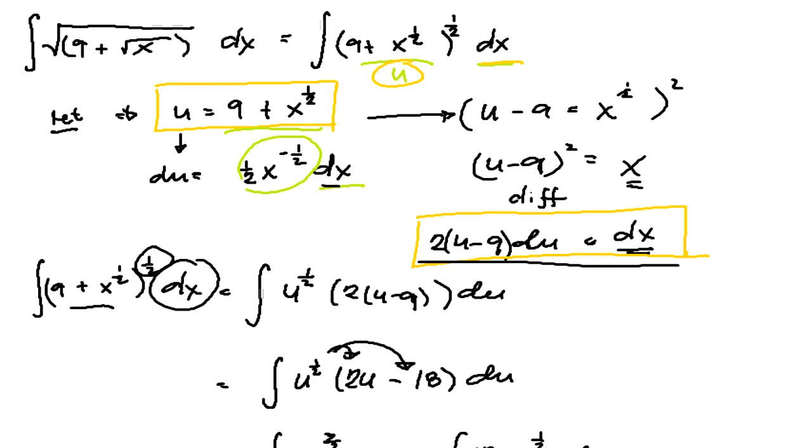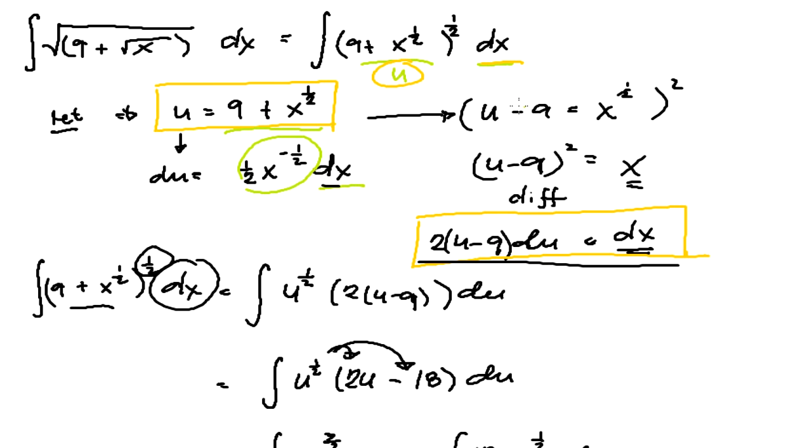So once again, from here, the square root of 9 plus square root of x dx, we write this in terms of power by transforming our square root sign into power. And then we've got this 9 plus x raised to 1/2, all raised to 1/2 dx. Then we let our u, because this is our complicated part here, equal to 9 plus x to the 1/2.